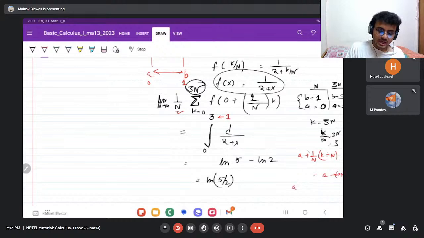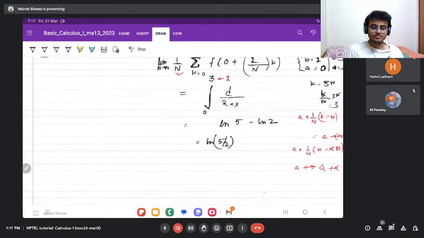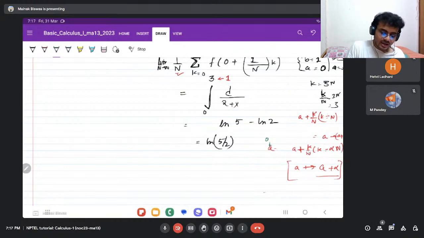If k is equal to some alpha n, your sum will range from a to a plus alpha, right? At 0 it is a, at k equal to alpha n, this is equal to a plus alpha. I hope this is clear now, right?